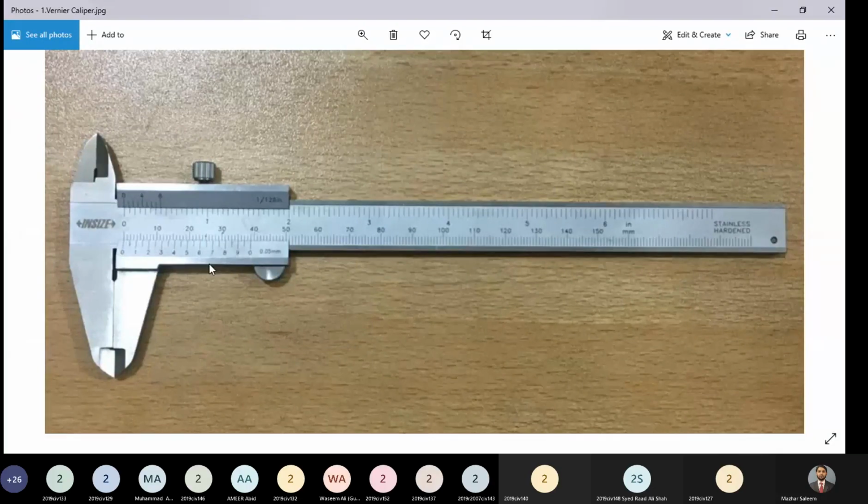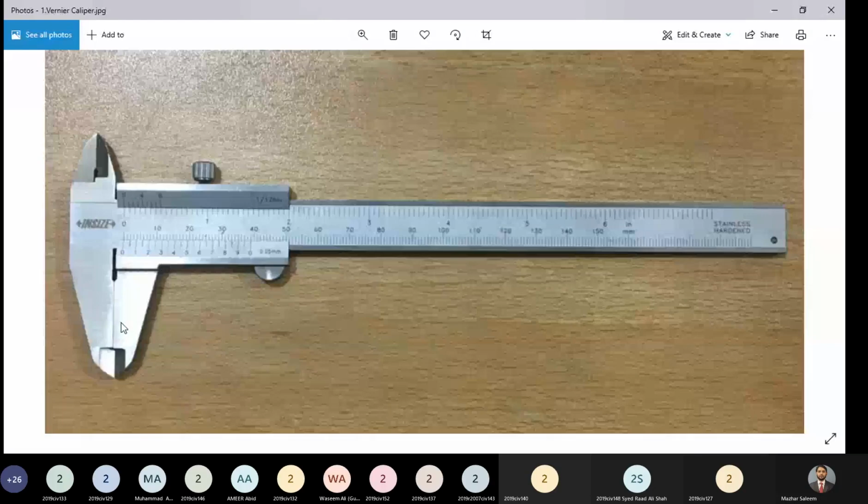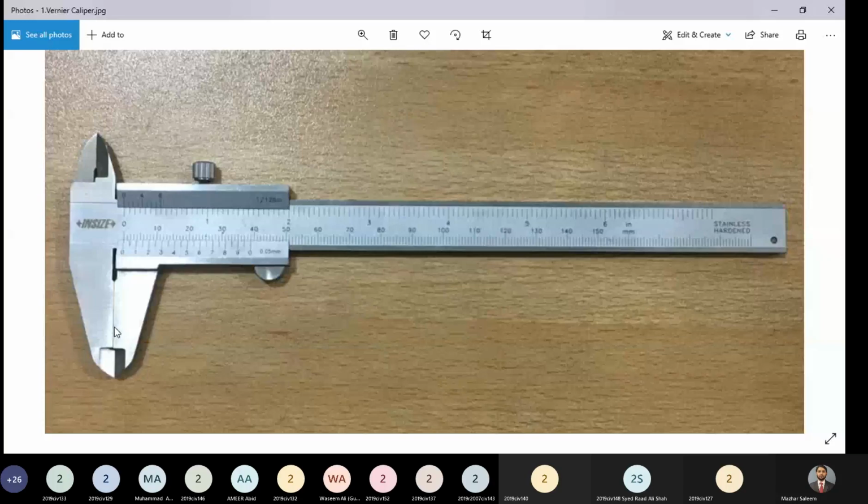Let's say the reading comes out to be 0.2 millimeters. So if 0.2 millimeters is the reading when you have completely closed the jaws of the instrument, then 0.2 millimeters is the zero error. And zero error may be positive or negative.